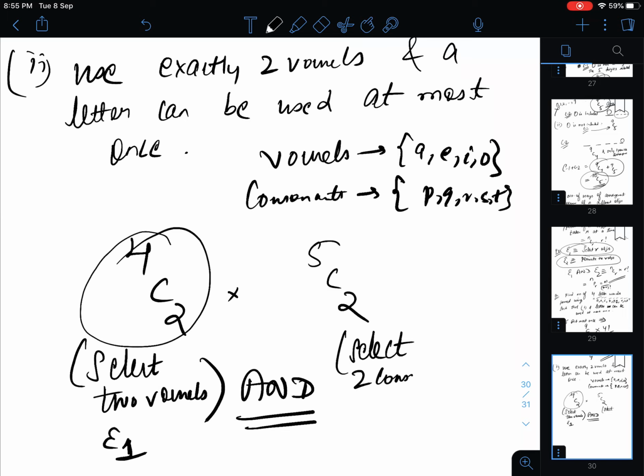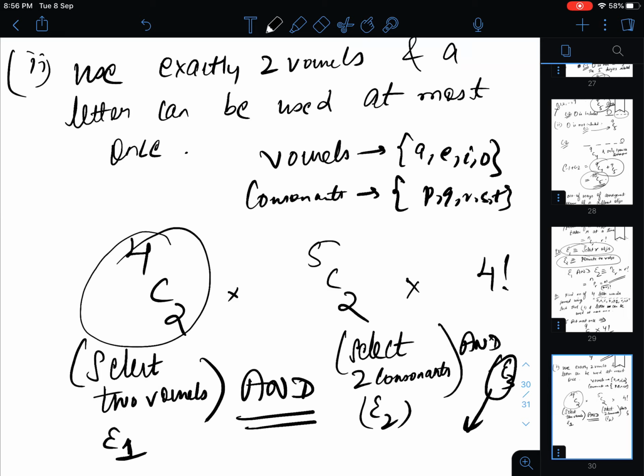This is your event E2, into 4 factorial. Once you have made the selection, you have to permute the 4 letters, because we have to consider all possible arrangements. This is your event E3: arrange the 4 alphabets.